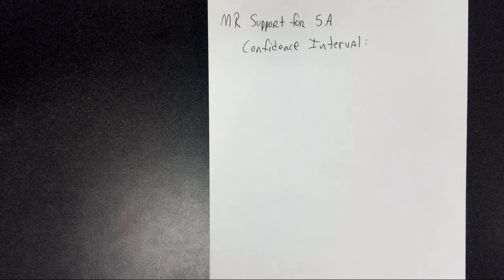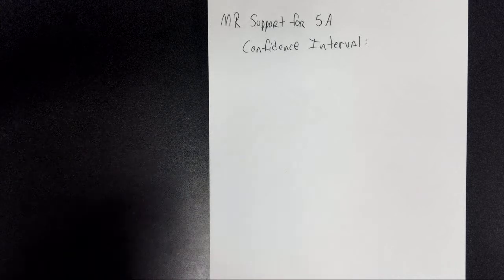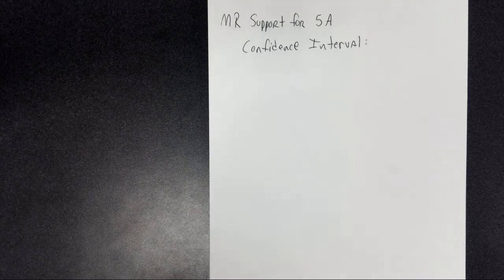Okay, we're going to look at MR support for section 5A. So the first thing I'm going to do is describe to you what we mean when we talk about a confidence interval.